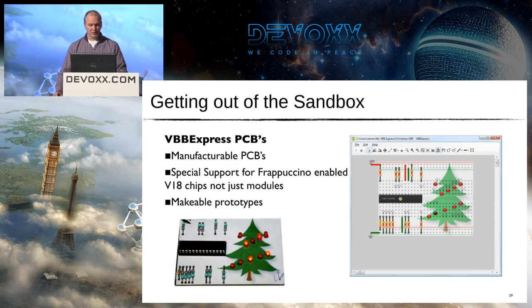Again, trying to be inclusive. We have special support for these Frappuccino chips. And the idea being you want to be able to emulate and develop virtually, but still have the chance to build physically.